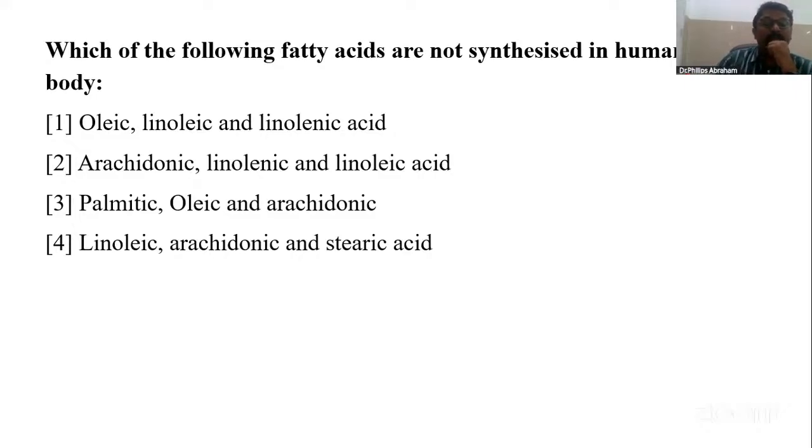Linoleic acid contains 18 carbon atoms, and at positions 9 and 12 it has double bonds. Linolenic acid again has 18 carbon atoms, at positions 9, 12, and 15.